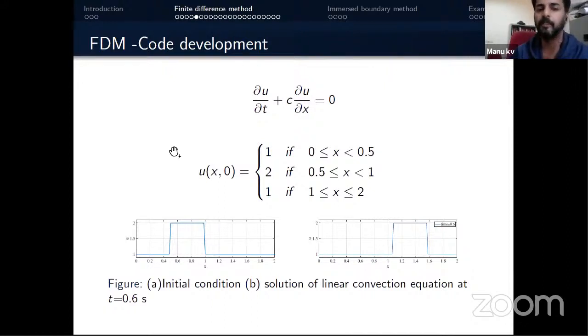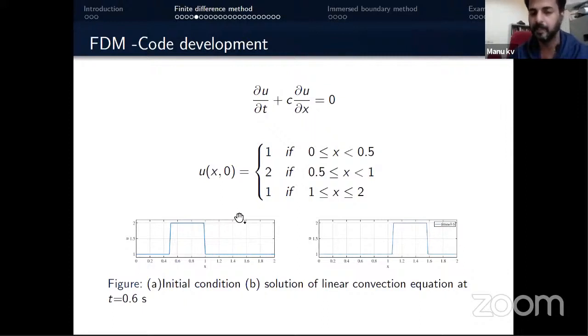For example, we look at the initial condition, and the velocity is distributed in a form as shown in this equation. You can see this is a step variation. Between 0.5 to 1, the velocity is high. This is a spatial distribution, and it is moving at a velocity c.